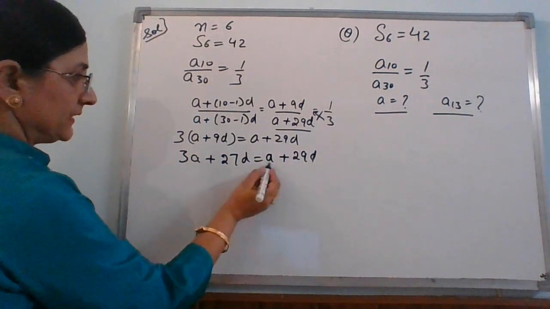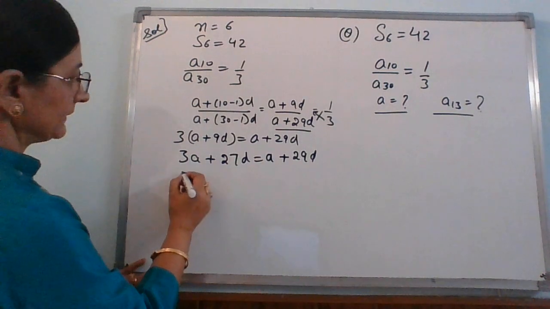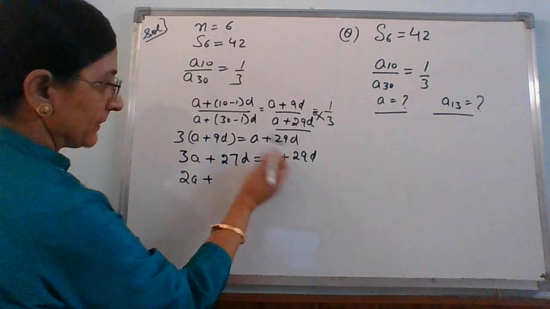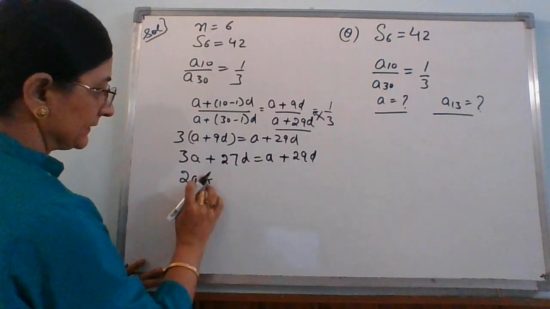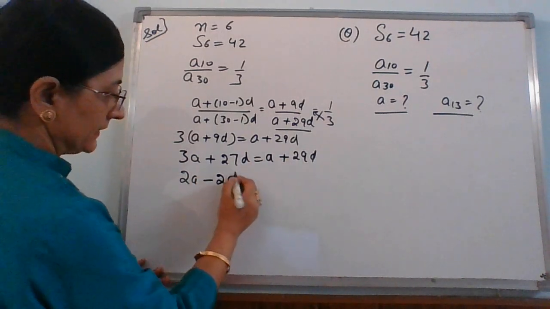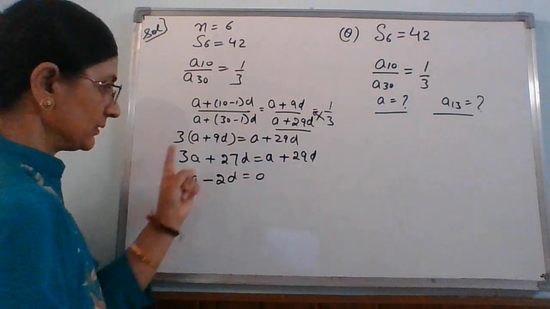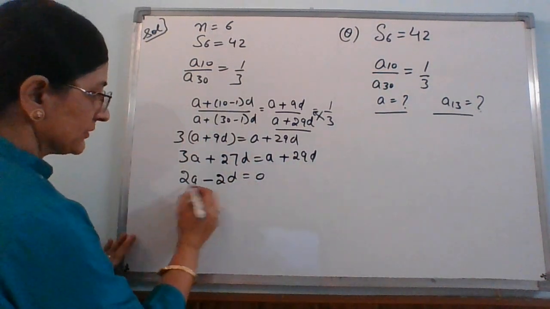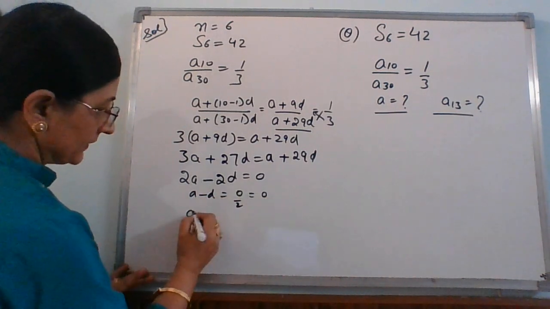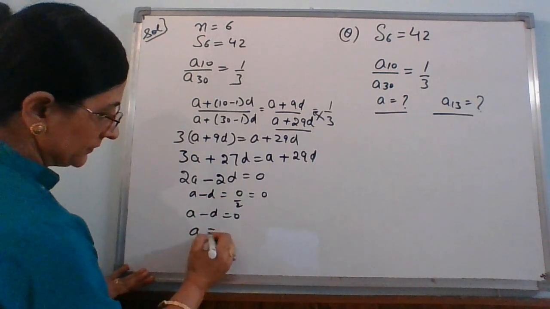Here 3a minus a is 2a. 27 minus 29 is negative, that is minus 2d. So you bring these terms to the left and then subtract. I've done it directly. Take 2 common. So a minus d will be 0 by 2, and that is 0. So a minus d is equal to 0 and a is equal to d.